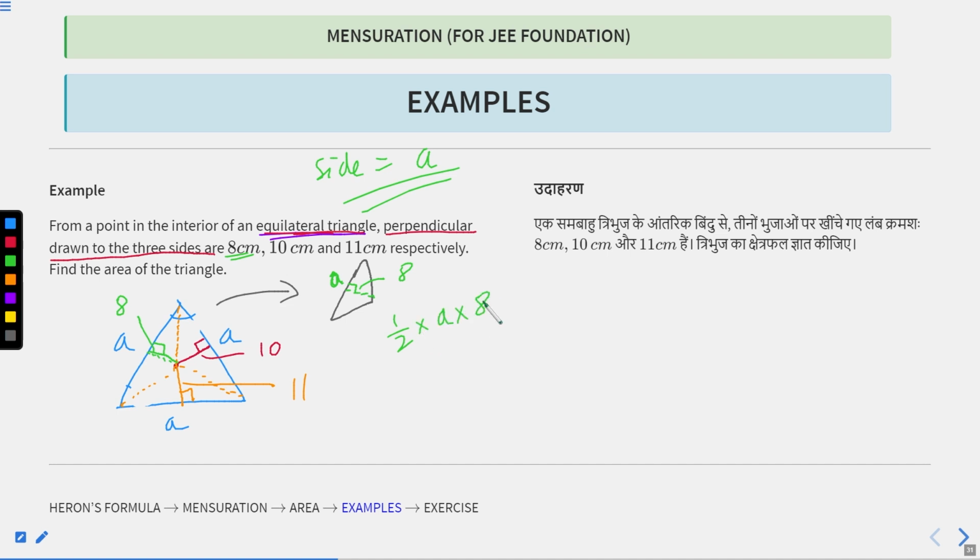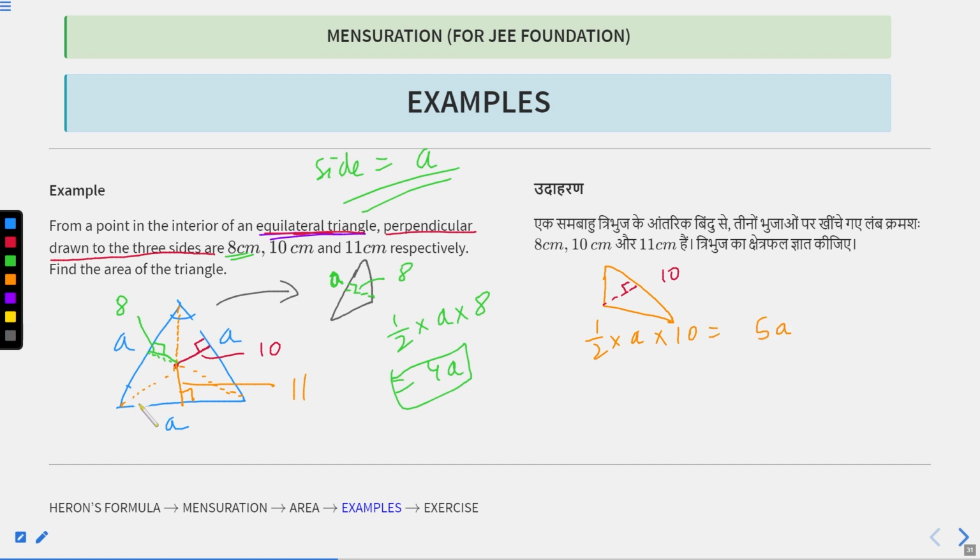Height is 8, so area is 4A. Now I'm taking another triangle, with height 10, and the base still remains A. So area is half into A into 10, which is 5A.